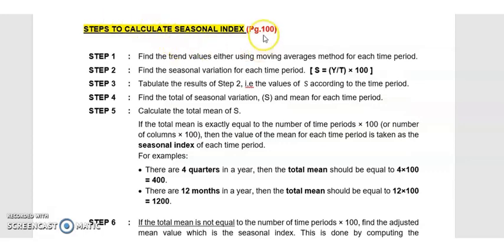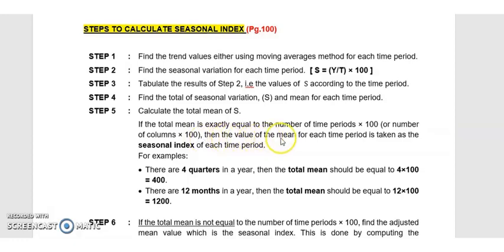If you look at your notes on page 100, look at step 5. Calculate the total mean of S, referring to seasonal variation. If the total mean is exactly equal to the number of time periods, or number of columns, times 100 (number of columns just now means morning, afternoon, evening), that's why we need to get exactly 300, because we have 3 columns.